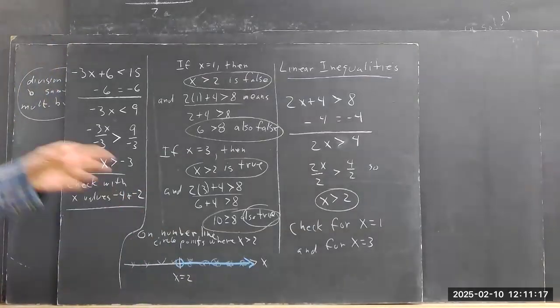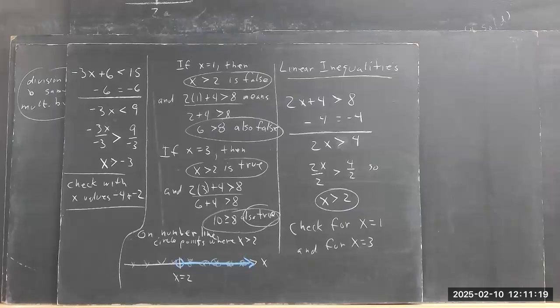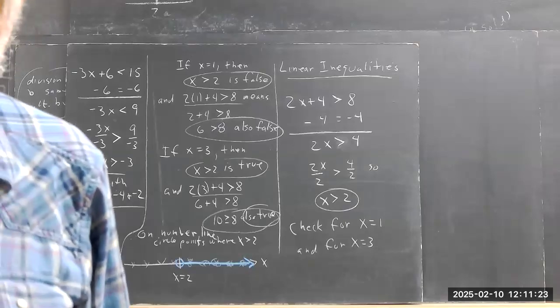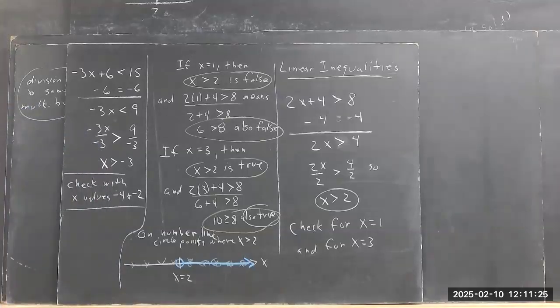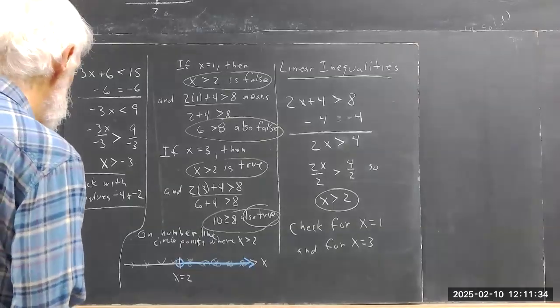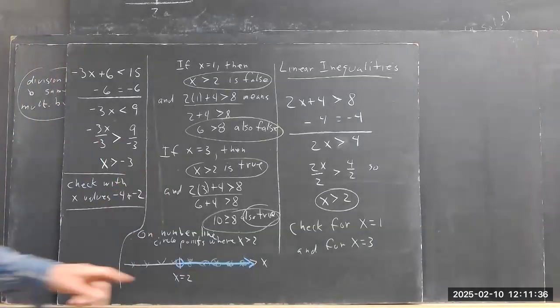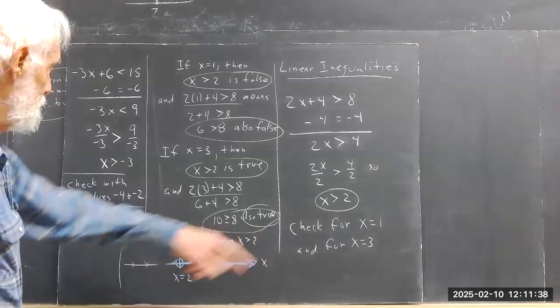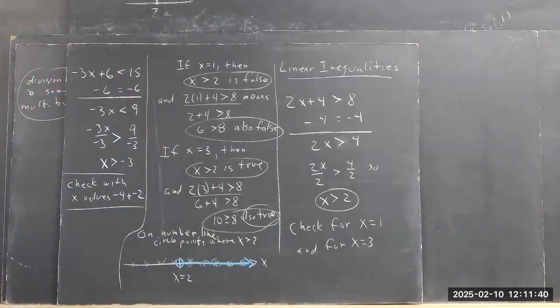I would just say check with x values -4 and -2. That'll tell you for sure if your inequality is going the wrong way. And then you could graph it the same way. You just have x equals -3 and shade everything to the right.